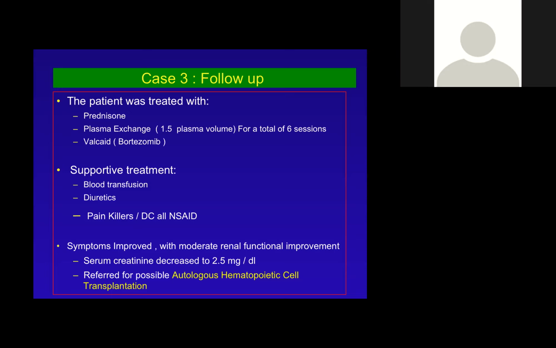Plasma exchange, sir, it's okay. You can do it even for LCDD. But kidney transplantation for myeloma, for the classic teaching, one of the most popular contraindications to kidney transplantation is myeloma. This is the classic teaching. There are some case reports.